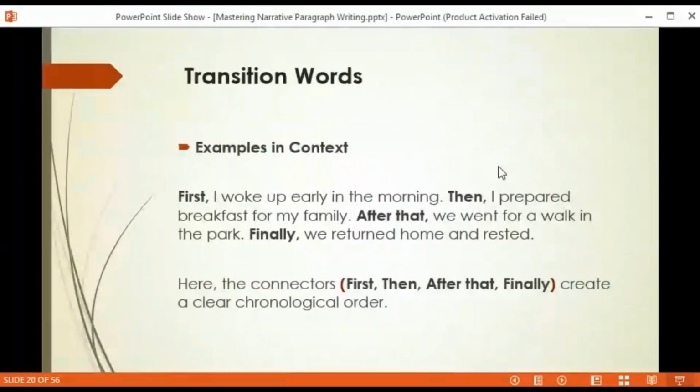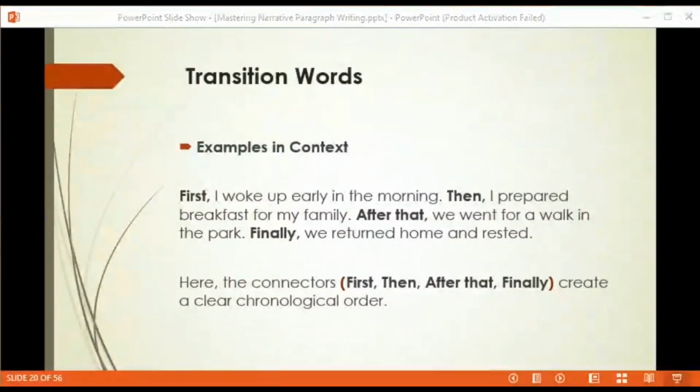Transition words. Example in a context. Who can read? If you have access to the mic. Do you have access to the mic? Okay, I will read it.